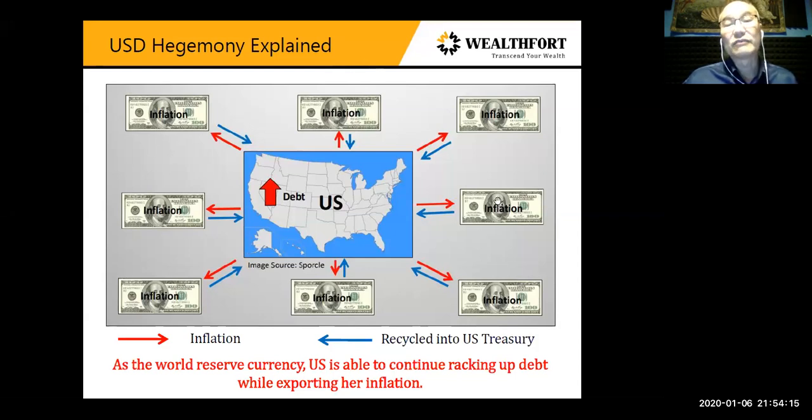And those people who park US dollars, rather than just holding US dollars, want to hold US treasuries that at least earn them a coupon rate, an interest. That is why US inflation is kept down. So as a world reserve currency, the US is able to continue to rack up debt while exporting her inflation.